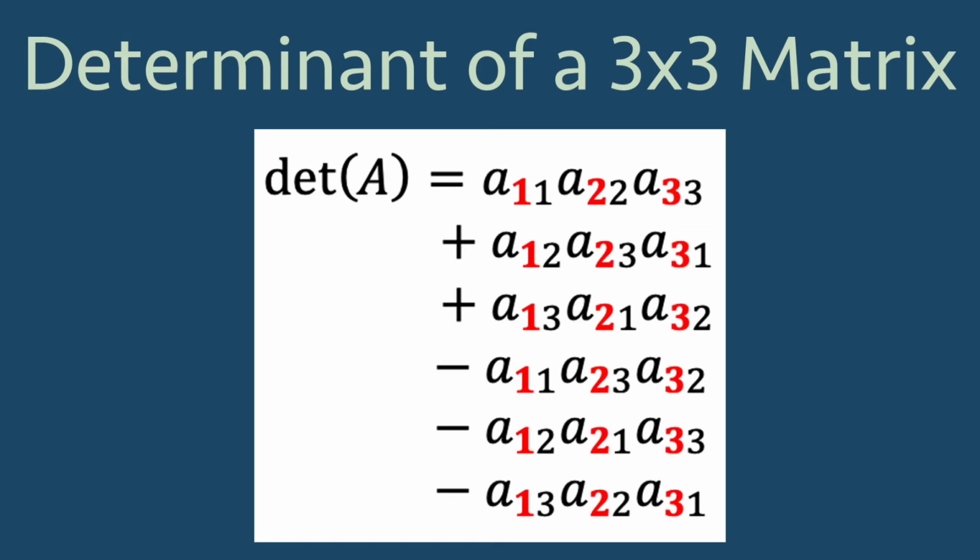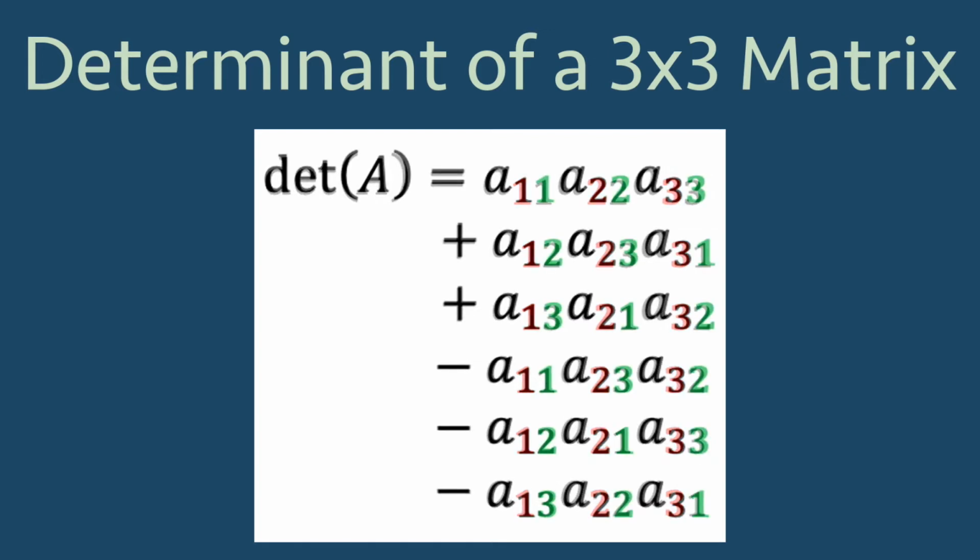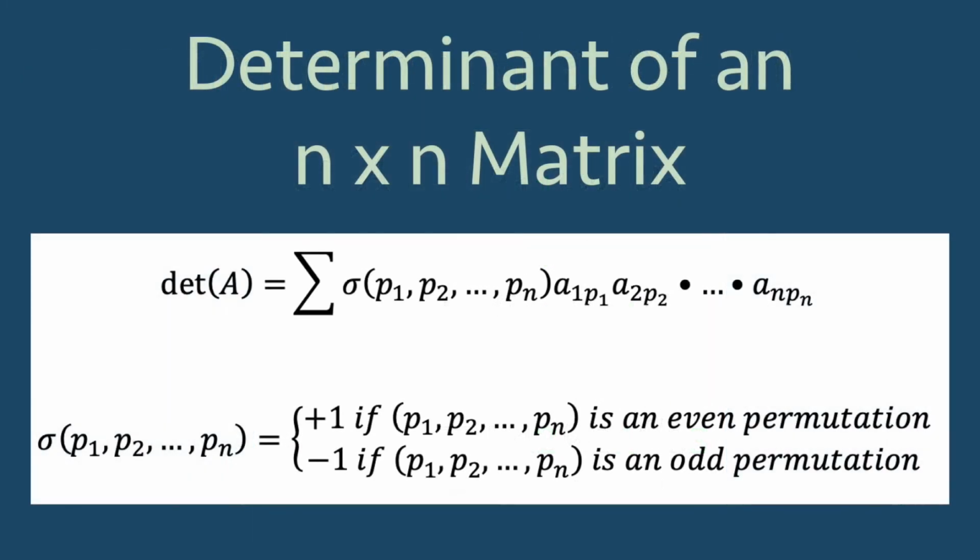I've rewritten that sum, and I've highlighted each of the first subscripts in red, and you can notice that they are all 1, 2, 3 with each of the 6 products. And when we consider the second numbers in each subscript, we get the 6 different permutations of 1, 2, 3. Notice that the negative terms in the determinant come from the odd permutations we described before. We can further generalize the determinant of an n by n matrix using all we have discussed, but we will leave that for your linear algebra class.